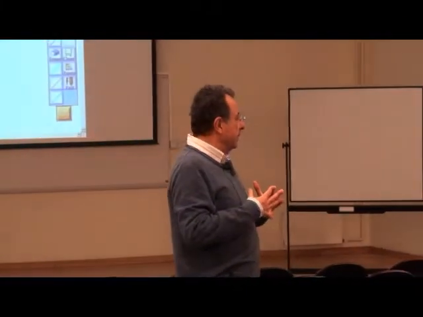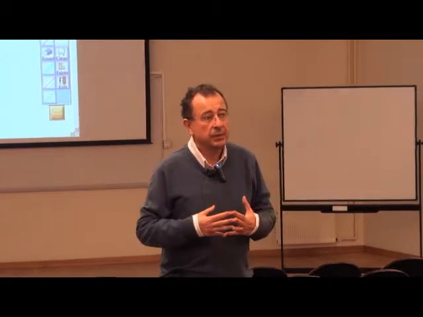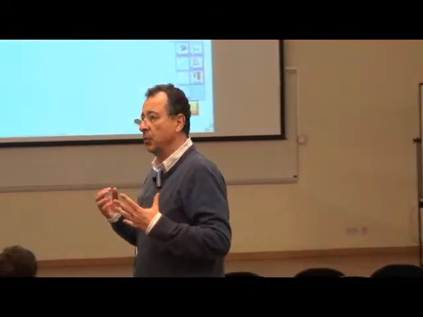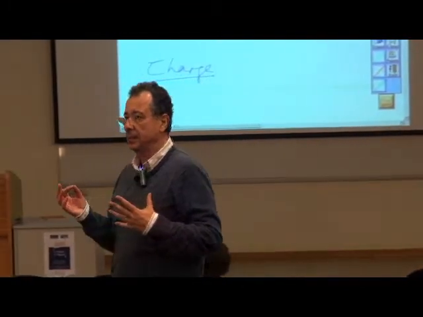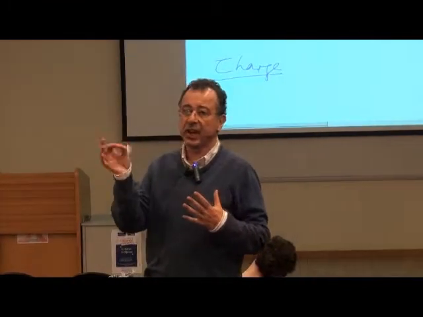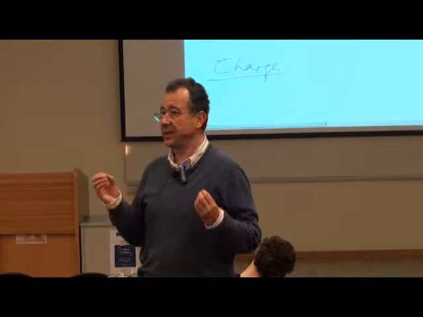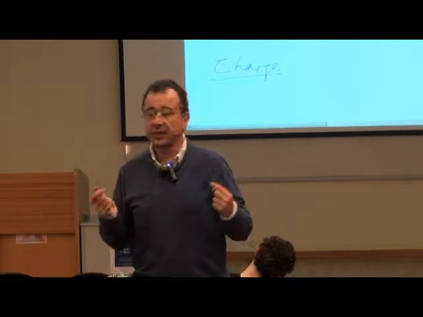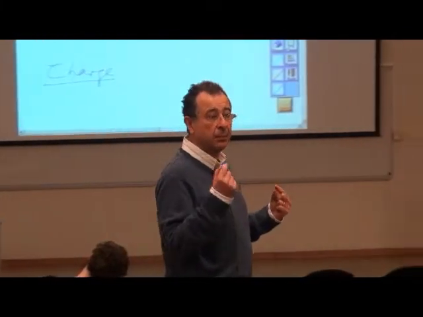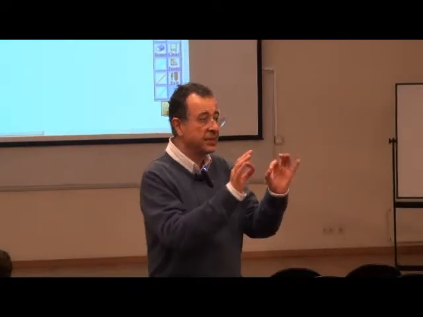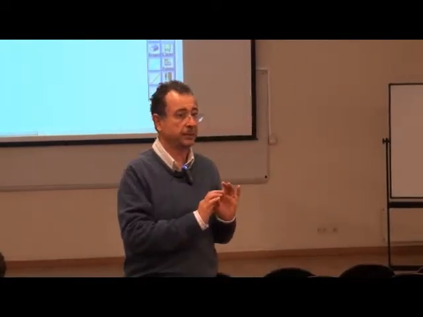Anyway, when the electron was discovered, scientists finally understood what charge is, at least where charge resides, where it is carried. Charge is a fundamental property of the basic constituent pieces of matter.